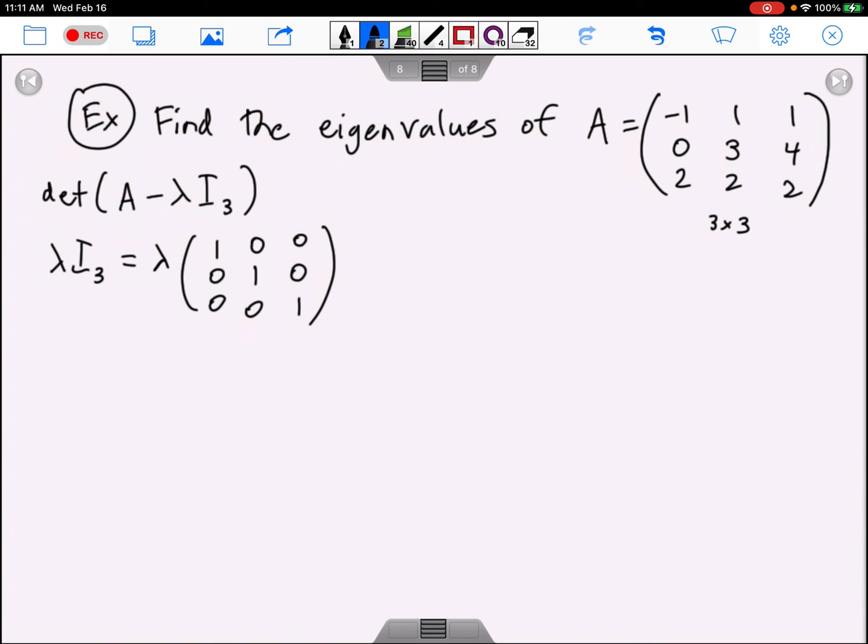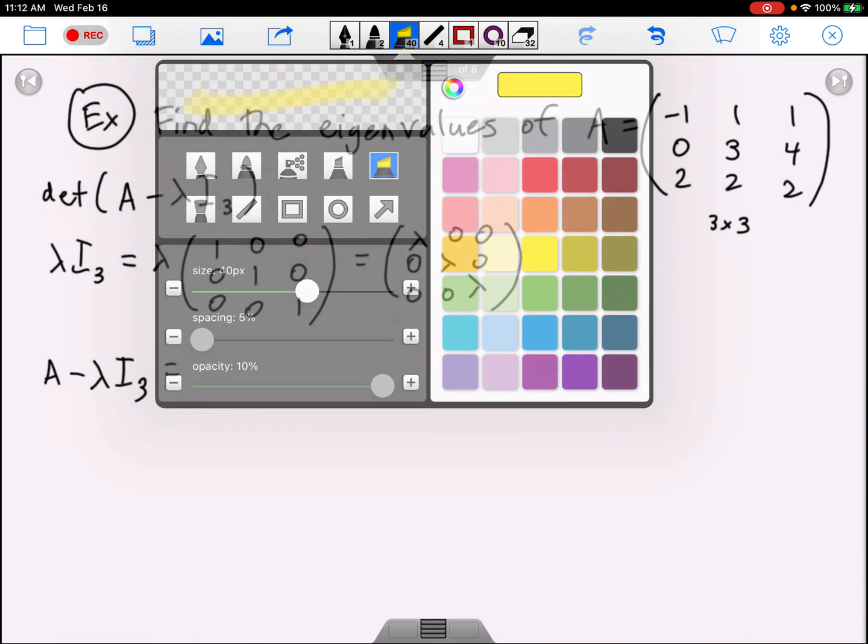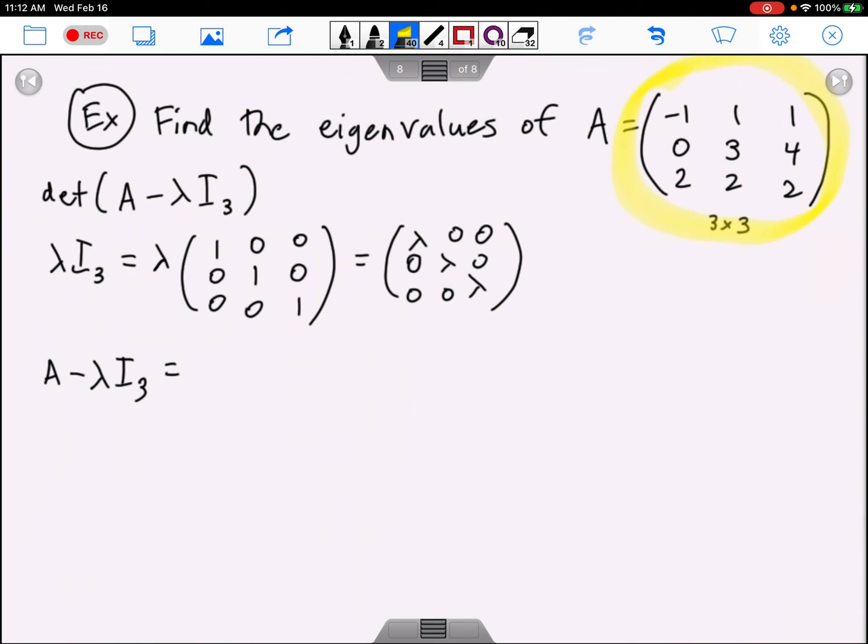It's going to be lambda times this, and that's lambda, lambda, lambda, 0, 0, 0, 0, 0, 0. And so now we're going to do A minus lambda times I3. So that's going to be this matrix minus this matrix. And so, what does it look like?